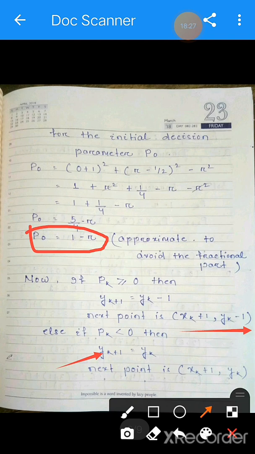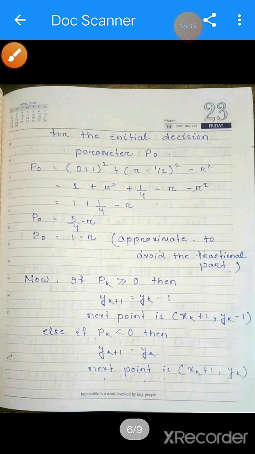That means next pixel point is xk plus 1, yk. So in this algorithm, we find out all these things.